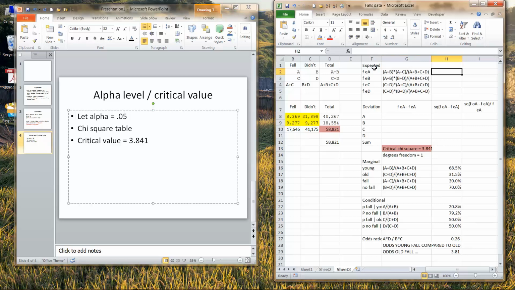Our expected value for the frequency in cell A is A plus B times A plus C divided by our total.